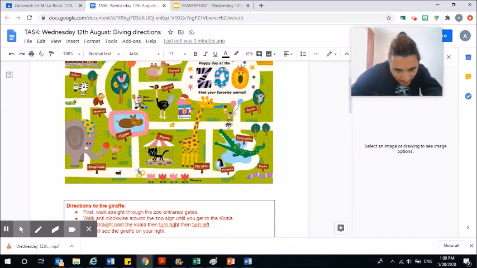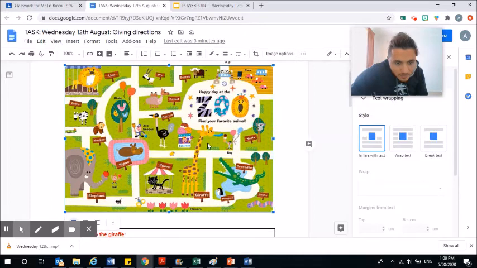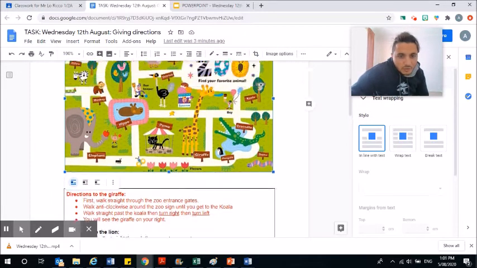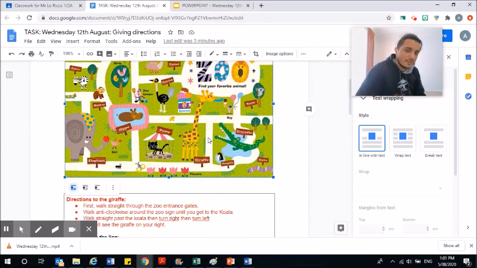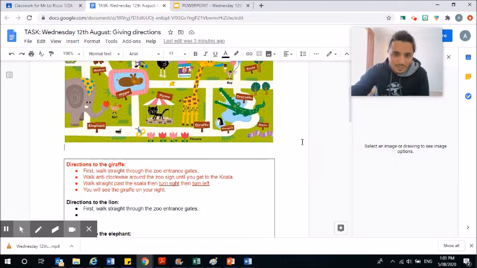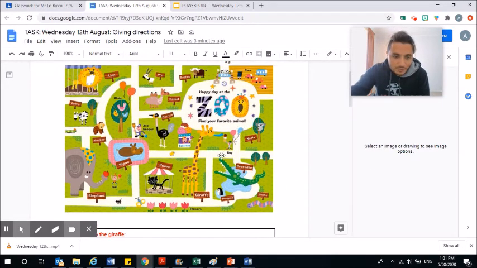And then turn left. You will see the giraffe on your right. So when I'm here, the giraffe is going to be on my right. You need to think about the position that you're in. That's the first one done. Now you can do the next one.